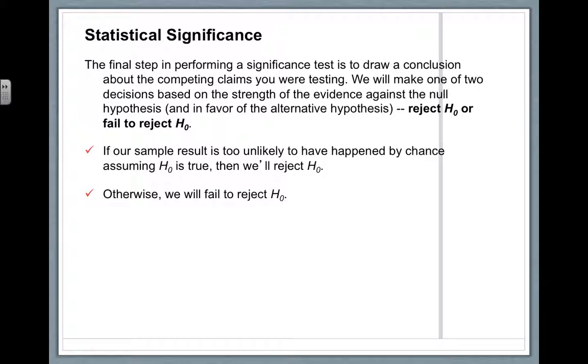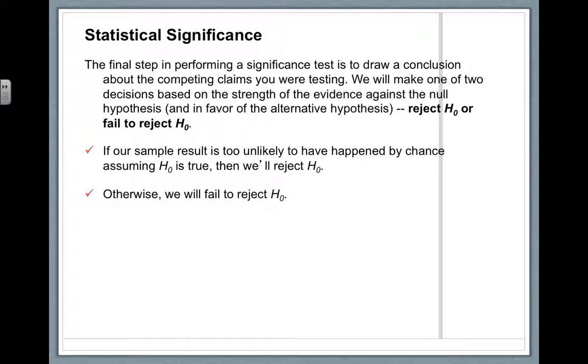If our sample result is too unlikely to have happened by chance, assuming the null hypothesis is true, then we're going to reject the null hypothesis. Otherwise, we will fail to reject the null hypothesis. So these are the ideas that go on in our court system, okay?